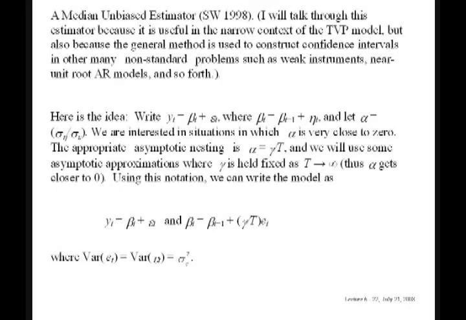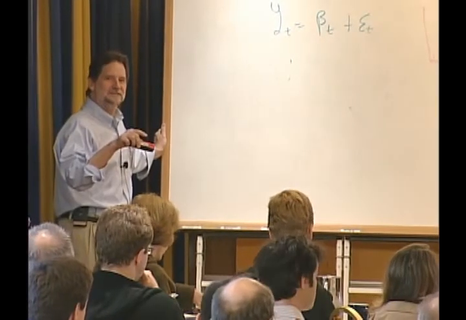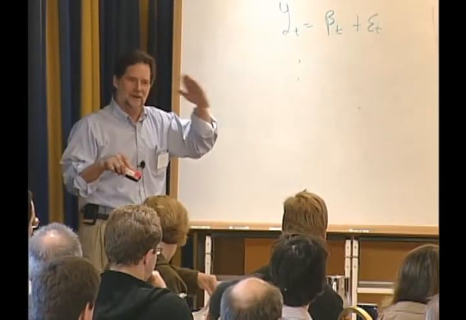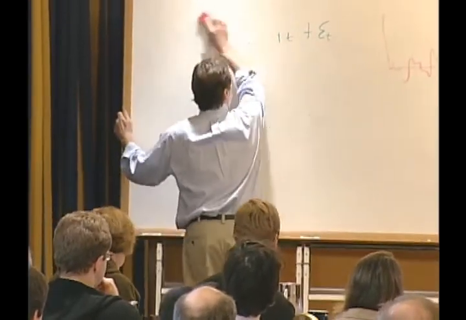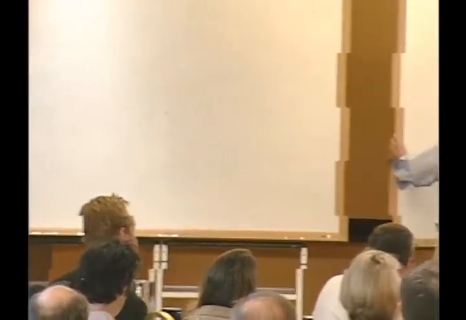I think Jim did something like it yesterday when he talked about weak instruments. Did he talk about median unbiased estimators? Inverting test statistics to get confidence sets? Okay, so that's what we're going to do here. I'm going to do it again, but in this other context.